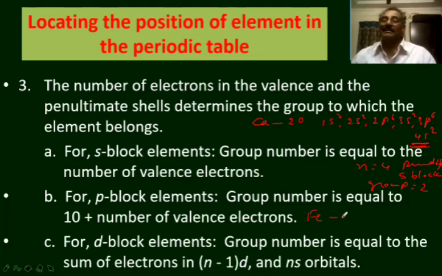Let us see the electronic configuration of iron. The atomic number of iron is 26. Its electronic configuration is 1s2, 2s2, 2p6, 3s2, 3p6, 4s2, 3d6.